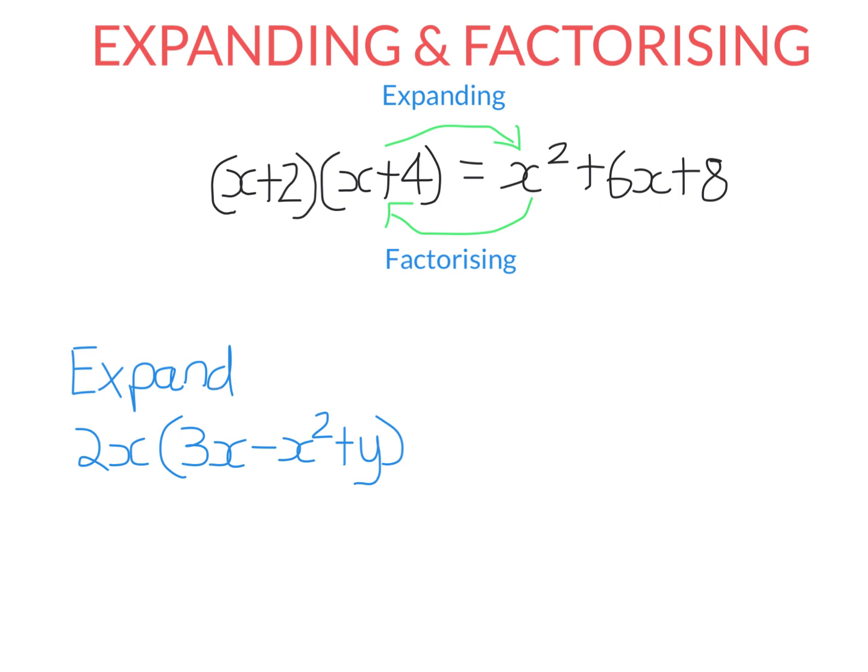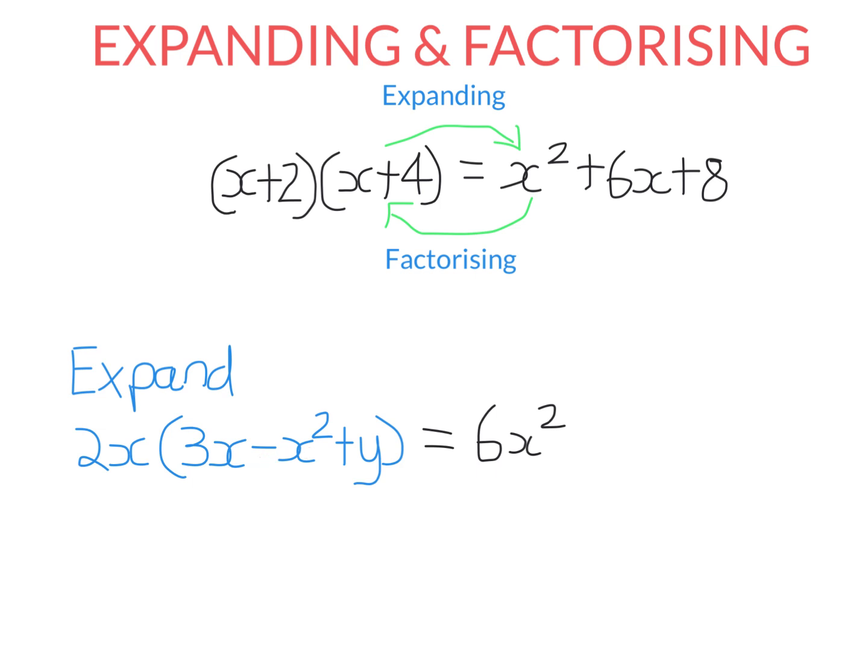So we'll start by looking at expanding one bracket. To expand this, we use the distributive law. The distributive law says you distribute what's outside the brackets to everything inside the brackets. So we go 2x times 3x, 2 times 3 is 6, x times x is x squared. So now we go 2x times negative x squared.